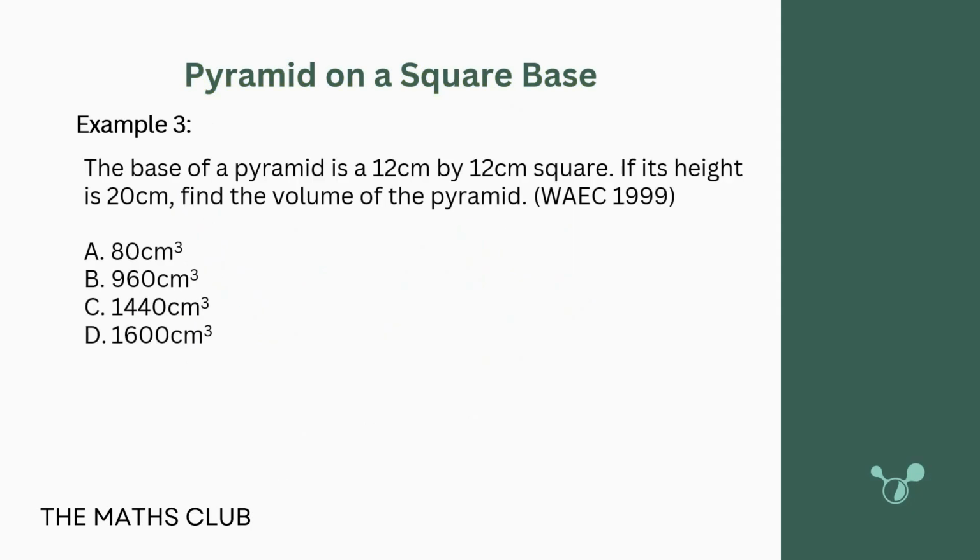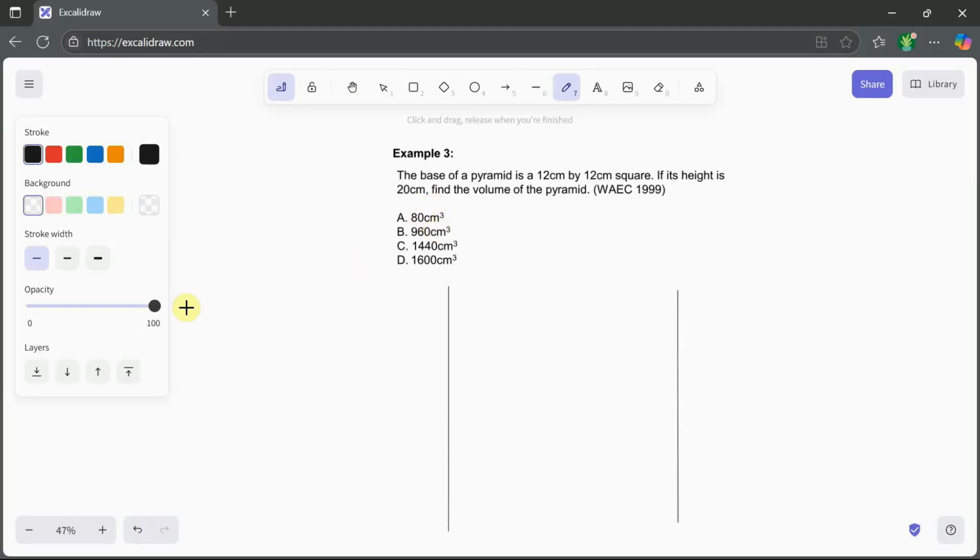Example 3 says that the base of a pyramid is a 12 centimeter by 12 centimeter square. If its height is 20 centimeters, find the volume of the pyramid. This is from WAEC 1999. I assume that you will pause the video and try it out yourself. For this, we know that the volume is 1/3 base area times height. The base area will be L squared, that is 12 squared, which is 144 centimeters squared.